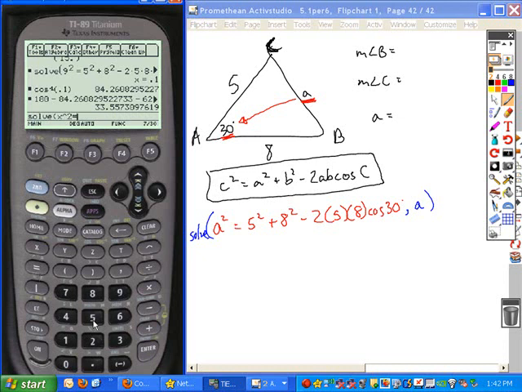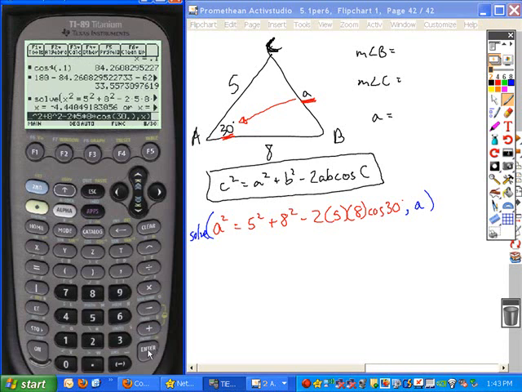But x squared is equal to 5 squared plus 8 squared minus 2 times 5 times 8 times the cosine of 30. I'm going to put a decimal in there. I want to solve for x and hit enter. I get my answer, and again the numbers are going to be plus and minus the same thing, but you get 4.44 approximately.